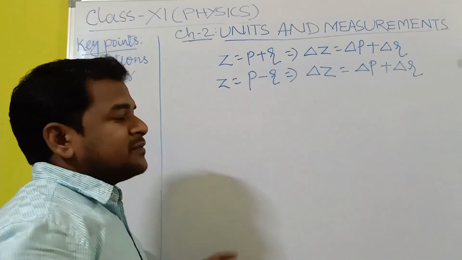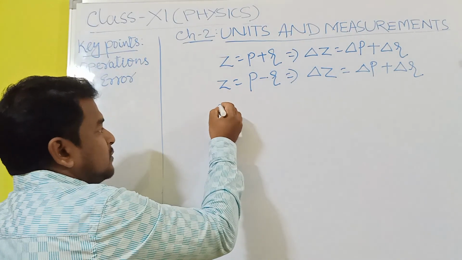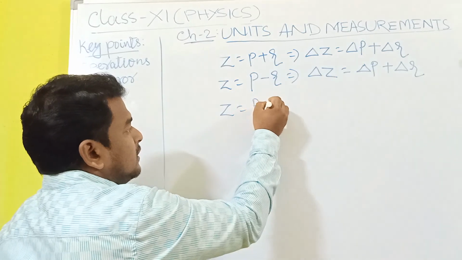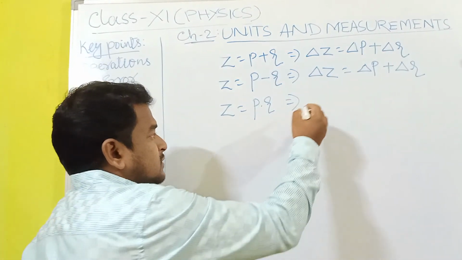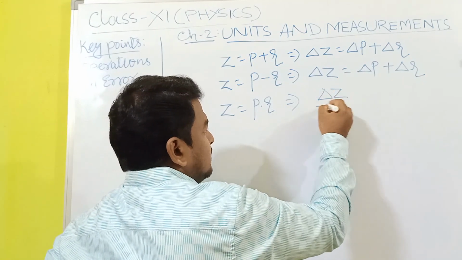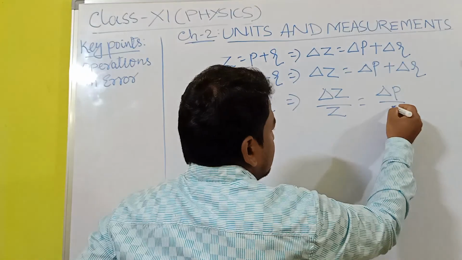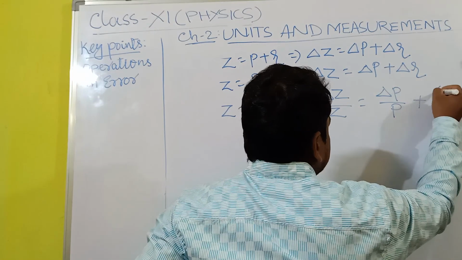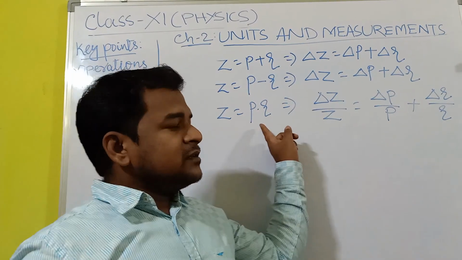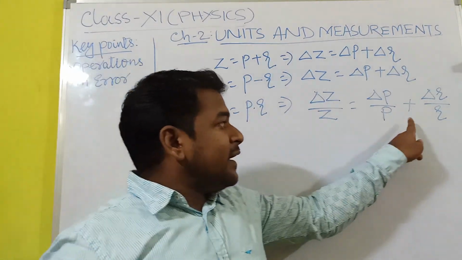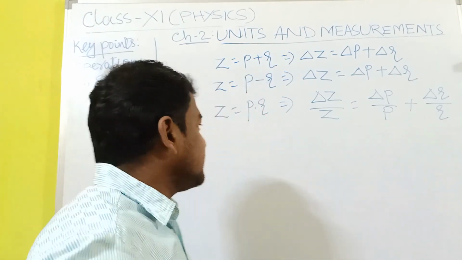In case of subtraction also, we are adding the absolute errors. Suppose z equal to p into q, then we are finding the relative errors. Means delta z by z equal to delta p by p plus delta q by q. Means in case of product also we are using the plus symbol. Okay, we are adding the relative errors.